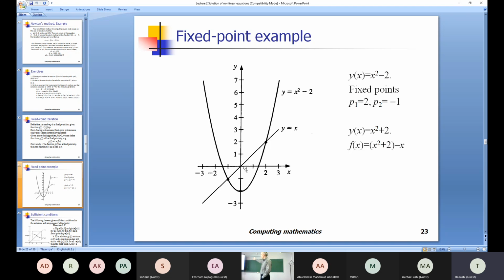Let's consider one more example that is written here. Suppose that y of x equals x squared plus 2. What can you say about fixed points? Following this graphical interpretation, what can you say about the fixed points of this function?